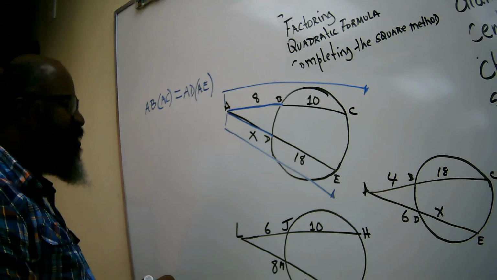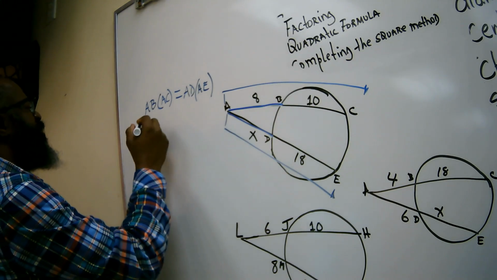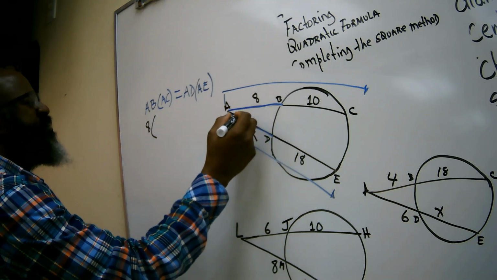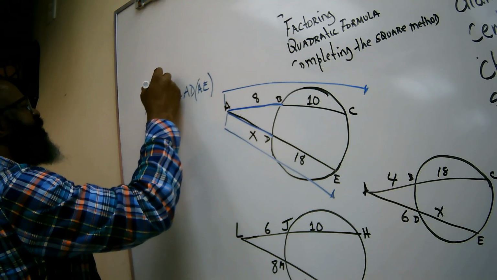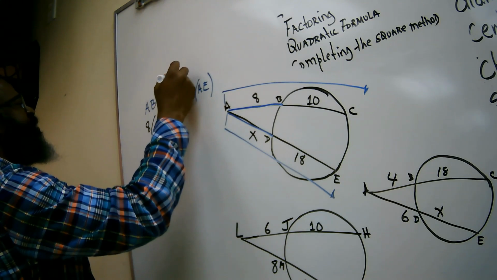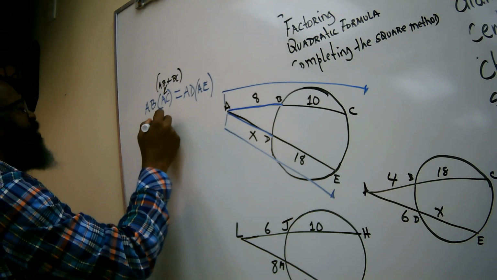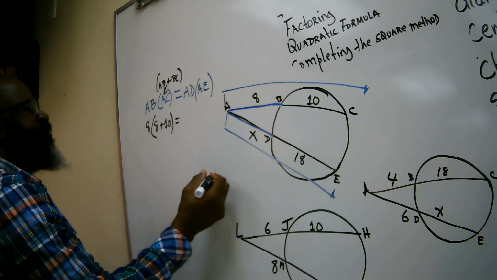The only thing that you have to do now is substitute. In this case, AB is 8. Now to get to AC, AC is AB plus BC. In this case, that will be 8 plus 10 is equal to 80.